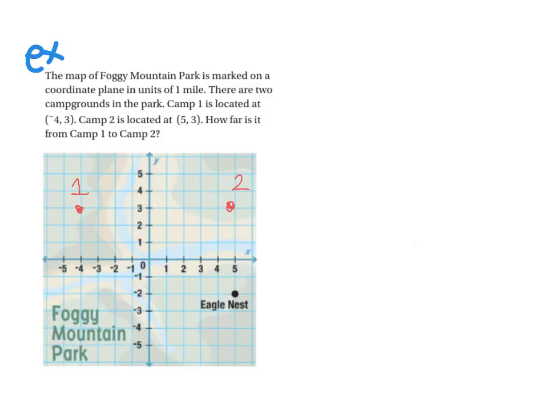Now, we would like to know what is the distance, how far is it from Camp 1 to Camp 2? So, we're going to use absolute value to help us out. The absolute value of Camp 1 to 0 is -4. The absolute value of Camp 2 to 0 is +5. So if I add these two together, it will tell me the distance.